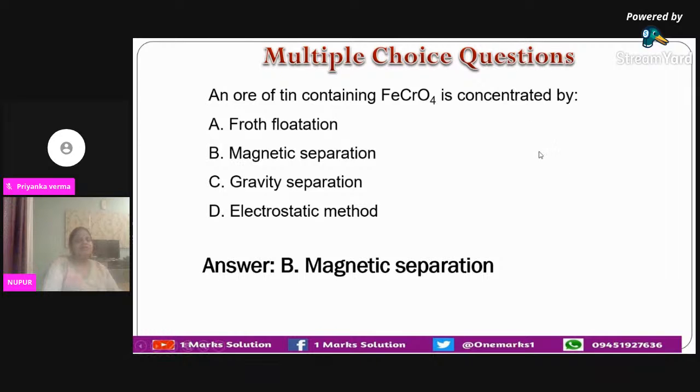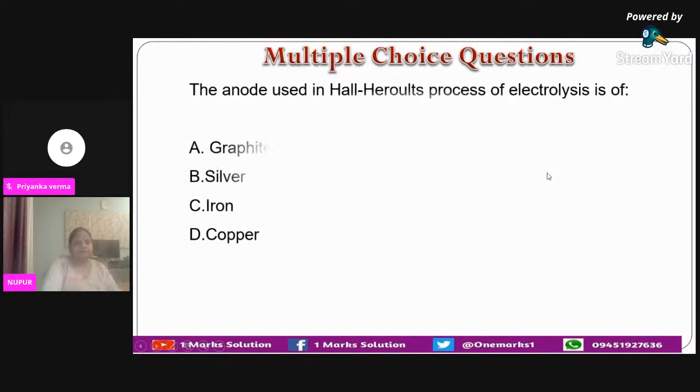So the impurity will stick to the belt and the pure tin ore will be removed or fall off once the electromagnet is started. So here the method of removing the impurity FeCrO4 from tin ore is magnetic separation. Okay.